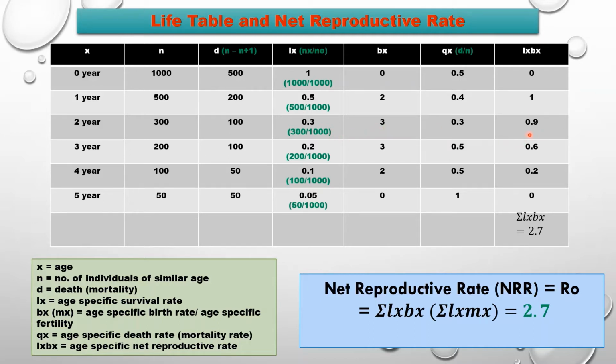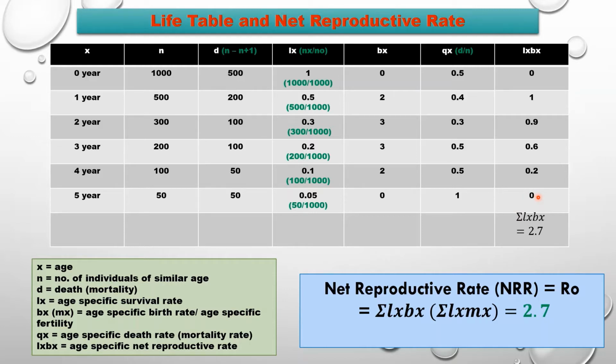So LXBX is 0.9. In 3 year LX is 0.2 and BX is 3. So LXBX is 0.6. And in 4 year LX is 0.1 and BX is 2. So LXBX is 0.2. And in 5 year LX is 0.05 and BX is 0. So LXBX is 0.